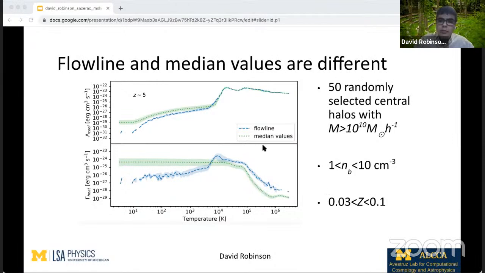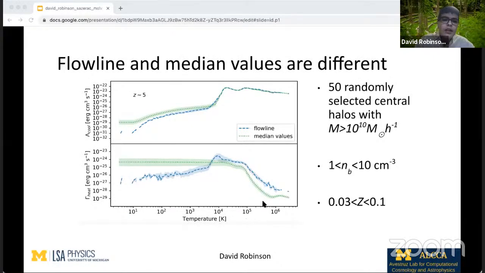Now, to tell you a little bit about the data that goes into this, we're using 50 randomly selected central halos above 10^10 solar mass per h. And then we're limiting the density to between 1 and 10 per cubic centimeter. And the metallicity is limited to between 0.03 and 0.1. And if you're curious later, I can talk a bit about why we choose those ranges.